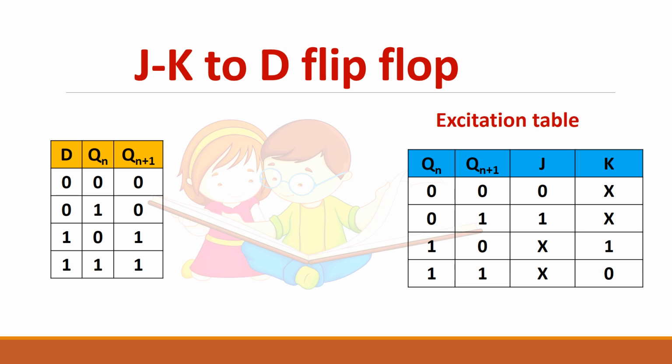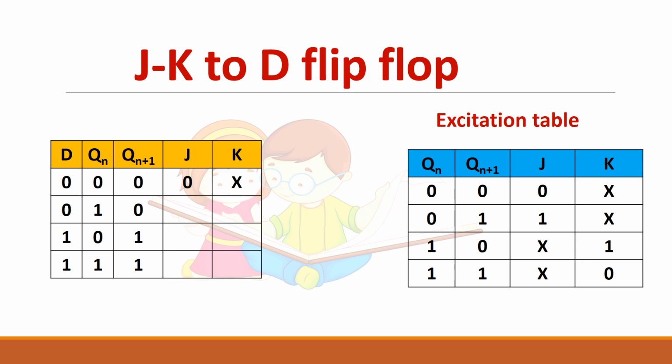Next we will convert the JK flip-flop into D flip-flop, which is the delay flip-flop. For that you should know about the truth table of D flip-flop and excitation table of JK flip-flop. First we have to include the JK parameters in the truth table of D flip-flop so that we can achieve the relationship between D and JK.